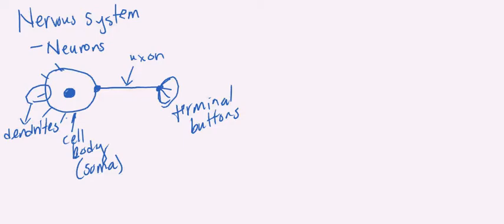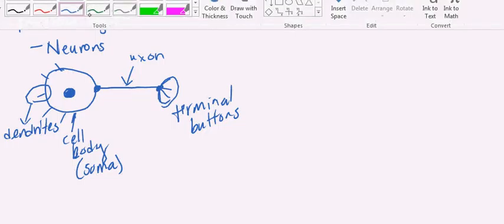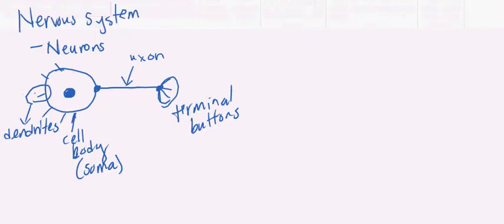Alright, so what happens is when we get a stimulus, here, let me change colors. Let's go green. Alright, when we get in a stimulus, it goes in from the dendrites. The signal goes in from the dendrites to the cell body.